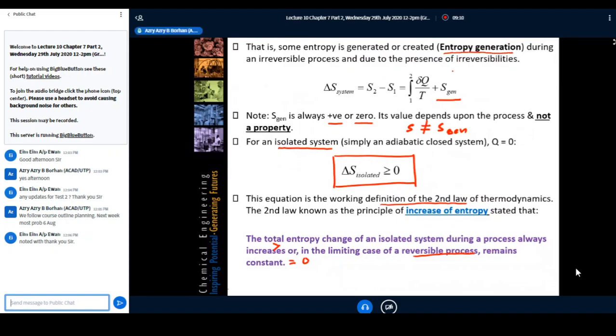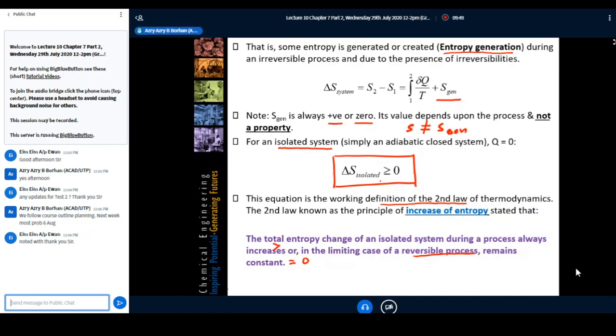So if you write down the entropy change of the system, S2 minus S1 must be equal to the entropy transfer by heat transfer plus Sgen. Remember that the ordinary S is not the same as Sgen. That's why, as you can see, you cannot find any value of Sgen from the thermodynamic table, but S, yes, you can find that from your property table.